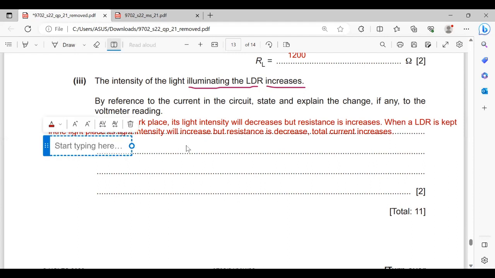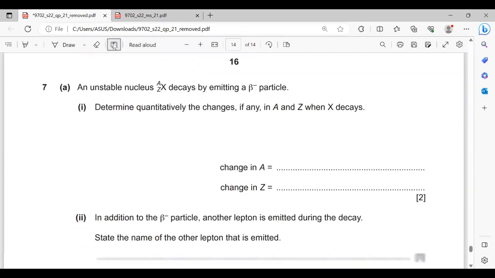So we're gonna say that the voltmeter reading increases. Next. Oh, number 7.